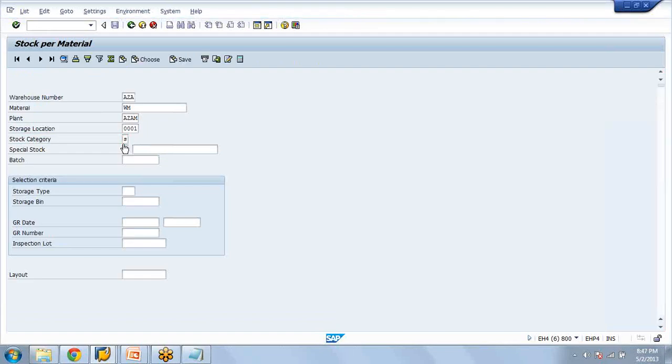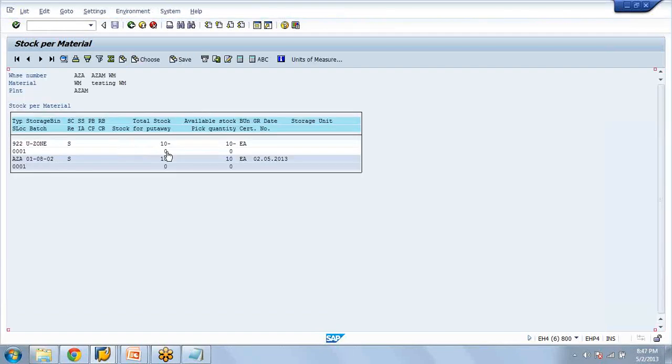See now what happened? The material is here and it has created one negative quant in this interim storage bin. Now it has created a posting change.